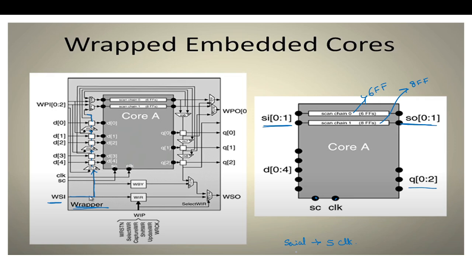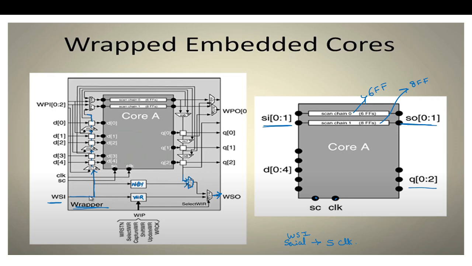This is shifting in through WSI, and for obtaining the output, again we can shift out through the WSO. This multiplexer selects between the WIR, instruction register output, and this multiplexer selects between the bypass register, WBY, and this data.